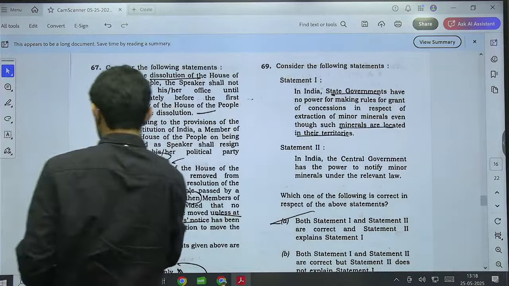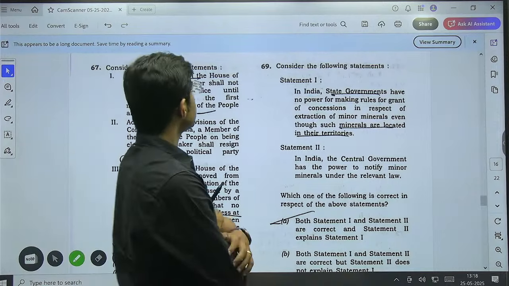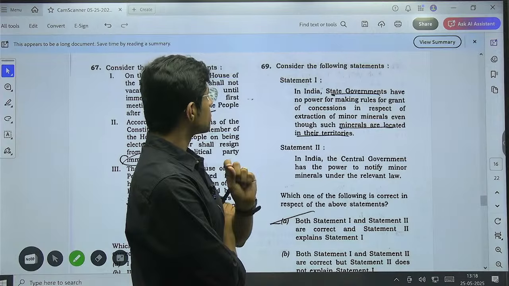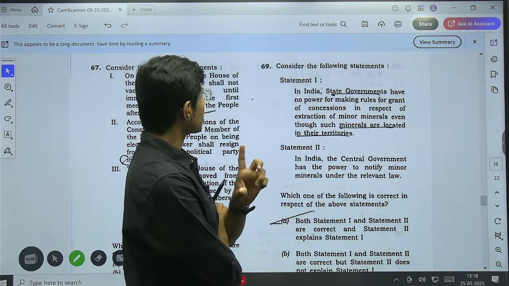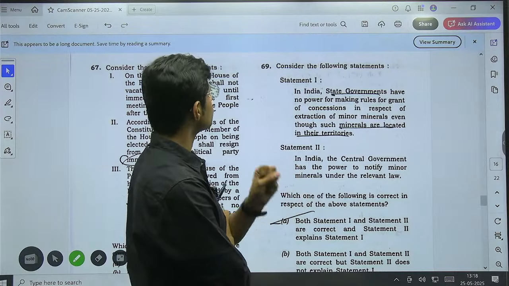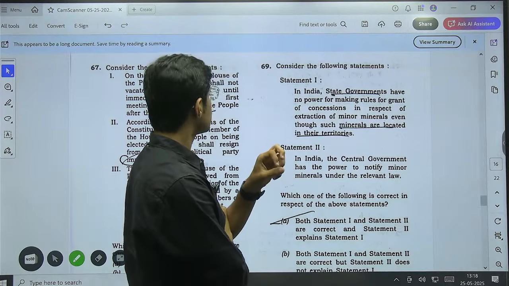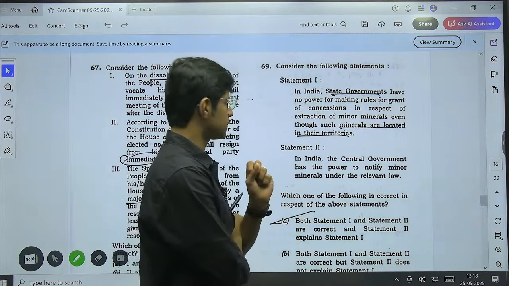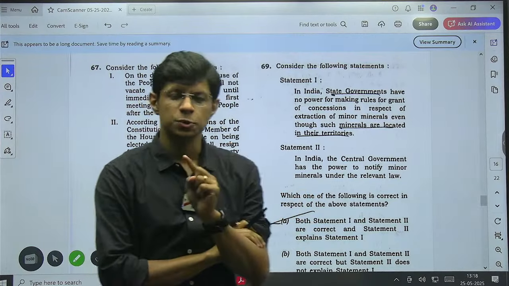Okay. In India, state governments have no power for making rules for grant of concessions in respect of extraction of minor minerals, even though such minerals are located in their territories. Now, this is a current affairs based question.